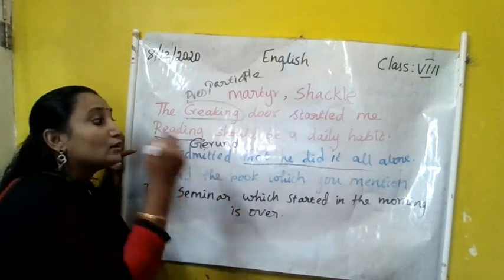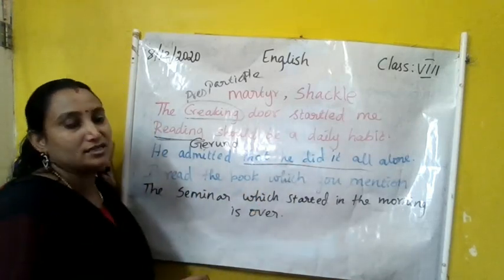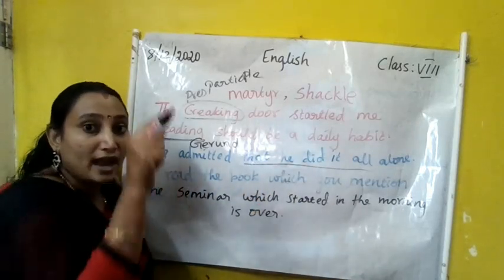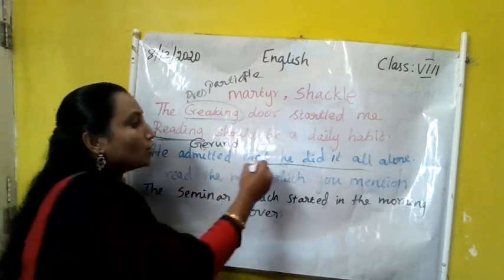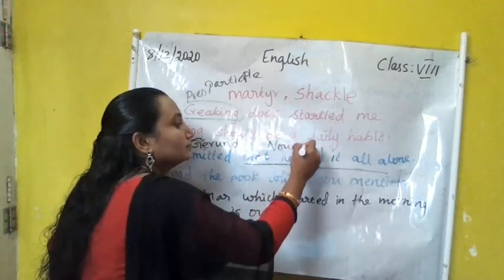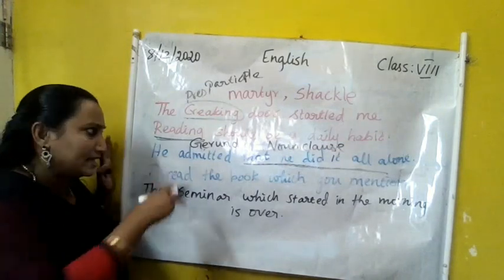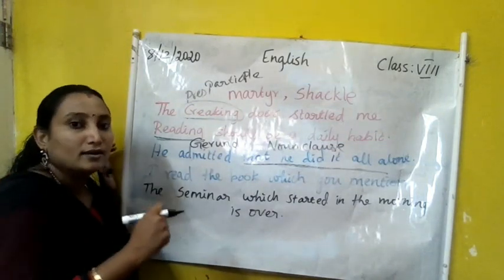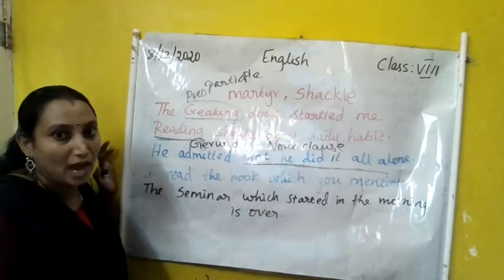He admitted what? He did it all alone. It answers the question what? So this clause is noun clause, as it is answering, he admitted what? Since it comes as the answer to what, this is a noun clause.